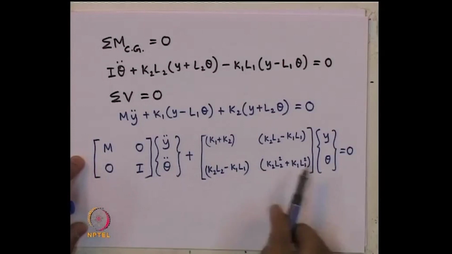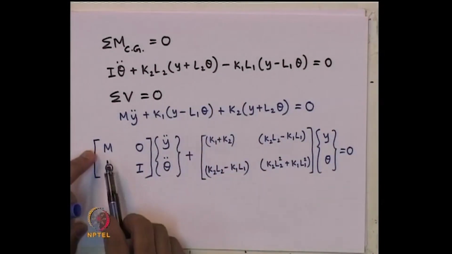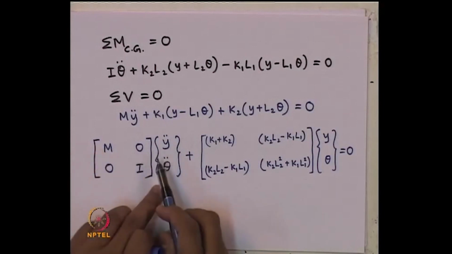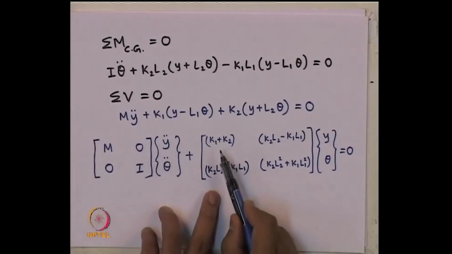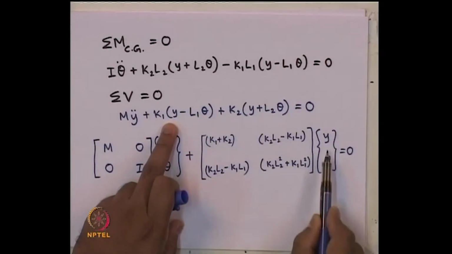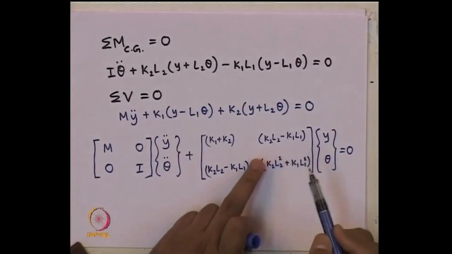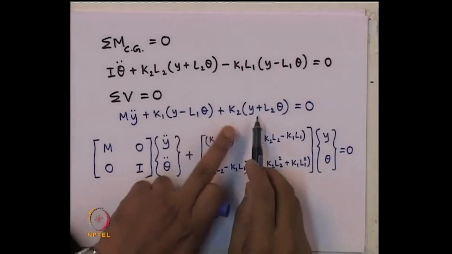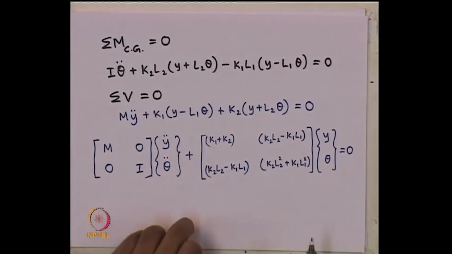Can you follow? These two give us these two equations. See m y double dot, then with theta nothing is there, k1 y plus k2 y, then k2 L2 theta minus k1 L1 theta equals 0.